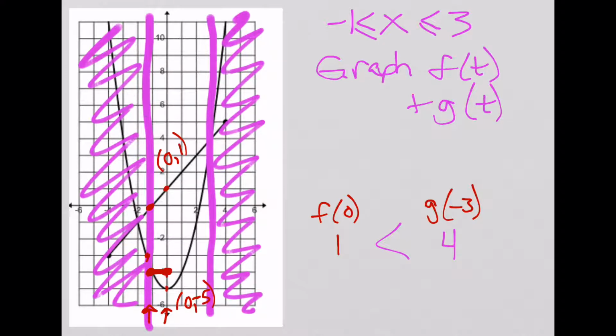Start connecting the dots. Okay, now let's look at when x equals 1. My function is 2 on this one and negative 4 for that. So 2 plus negative 4 is negative 2. That tells me I'm right here. And again, you could connect the dots there.